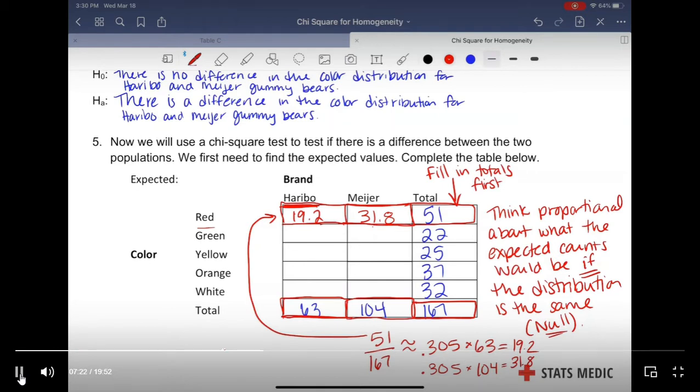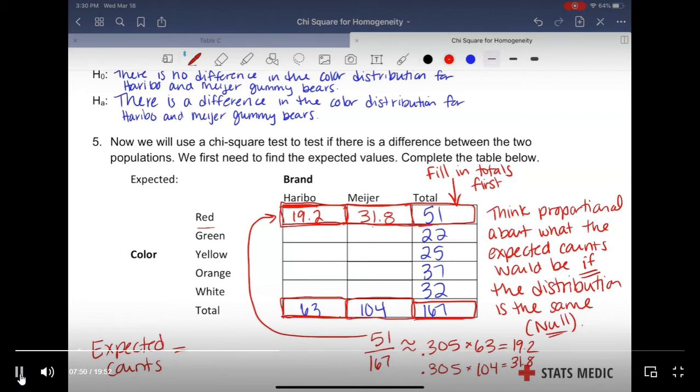So let's figure out where all of this came from. There's actually a shortcut formula for this. What I'd like you to put over here to the side is where the expected counts are coming from. Looking at just the red Haribo, I took the total for that row, which was 51, divided it by 167, and then multiplied it by 63.